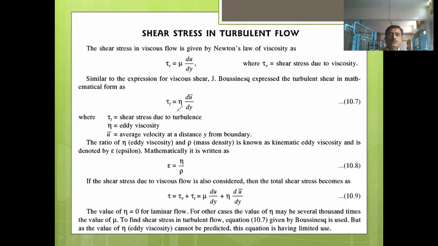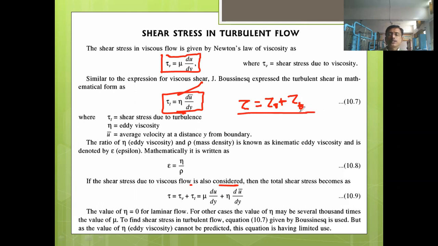So this equation is used for finding the shear stress due to turbulence, and this expression is used for finding the shear stress due to the viscosity in the viscous flow. Okay, and if the shear stress due to the viscous flow is also considered, if we consider both here, then we can write the equation: total shear stress is equal to shear stress due to the viscous force plus shear stress due to the eddy force, or turbulence. We can add both of these.